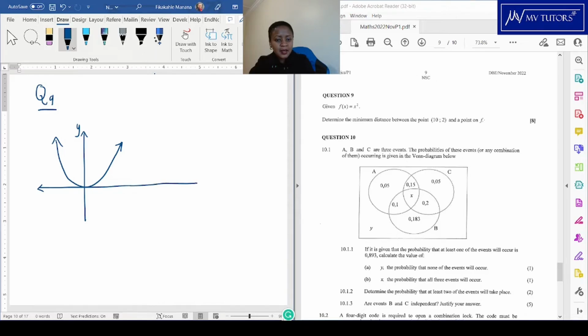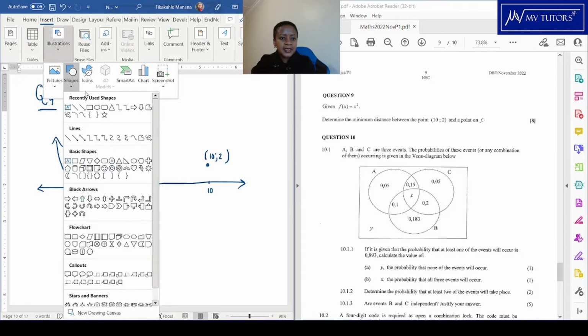And then right there you have a point, let's say that is 10, and over here you have 2. So you have your point with the x coordinate of 10, a y coordinate of 2, and you want to know the minimum distance between the point and the parabola.